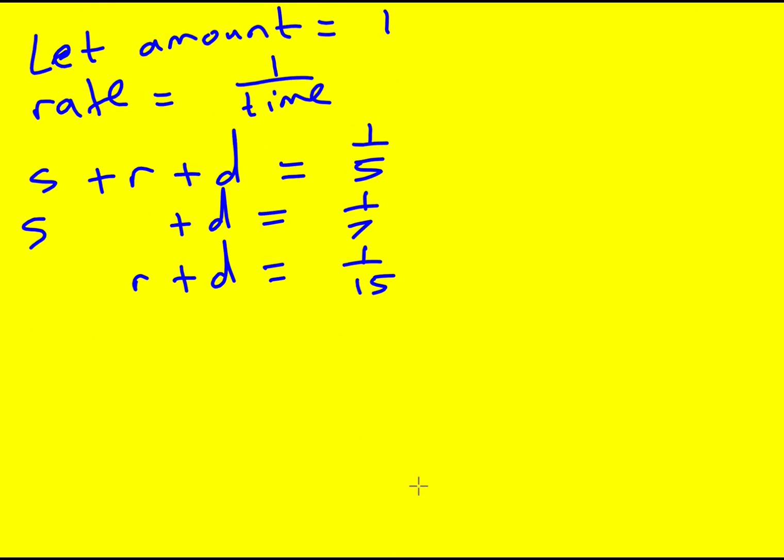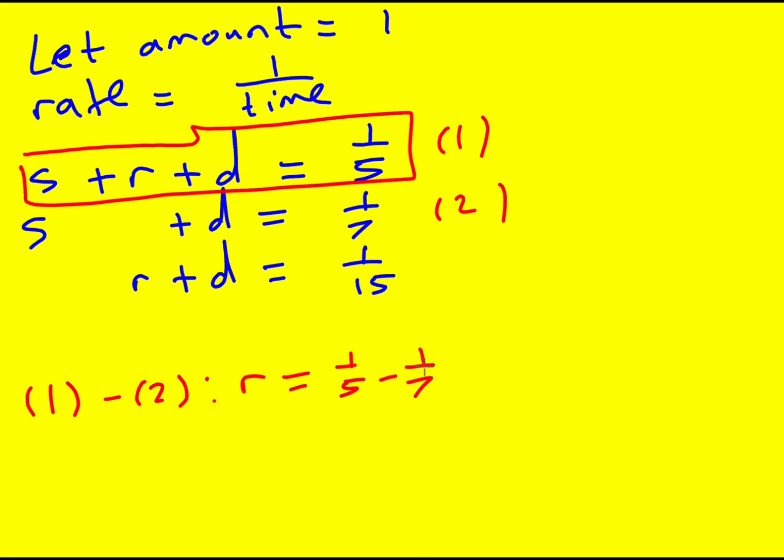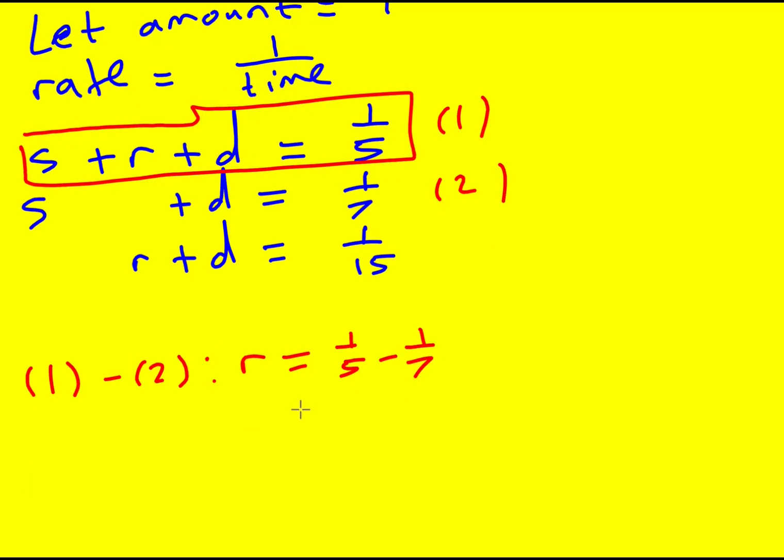Well, we can use these equations. This first one is going to be absolutely crucial because it's with all three in. If I subtract the second one from the first one, then I'm going to get that R is equal to 1 over 5 minus 1 over 7. I'm going to work out the rate at which Ryan is working.